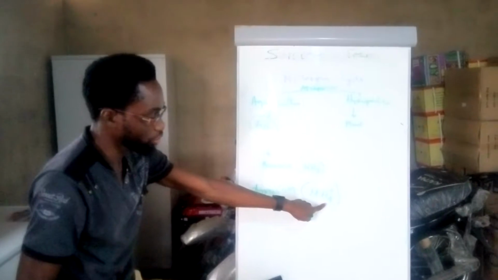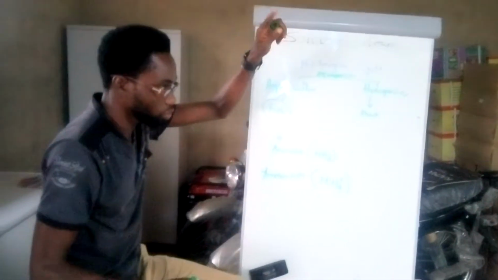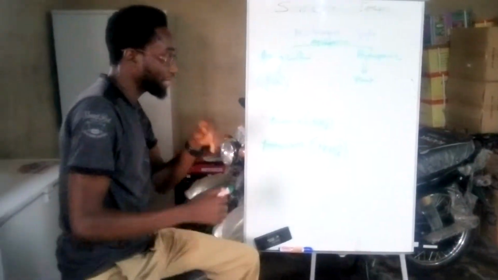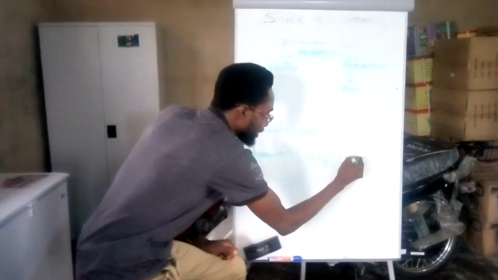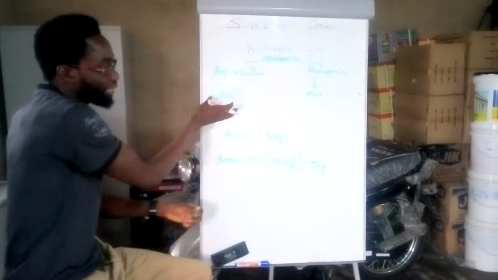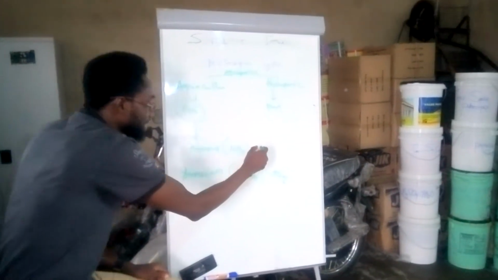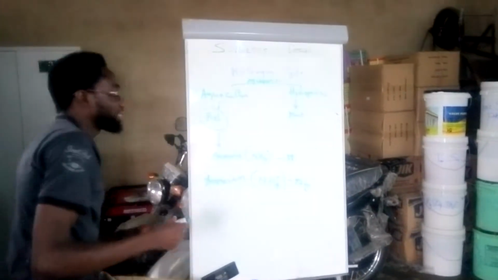The 4 is a subscript, the plus is a superscript. As a matter of fact, about 97% of the ammonia released from the fish becomes ammonium, while the remaining 3% remains as ammonia.